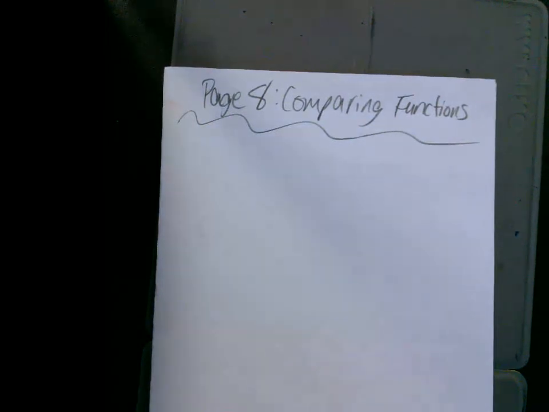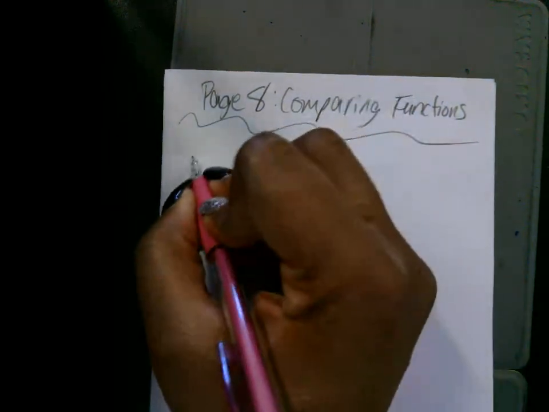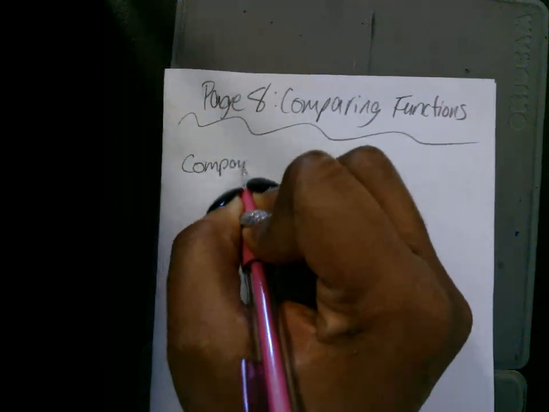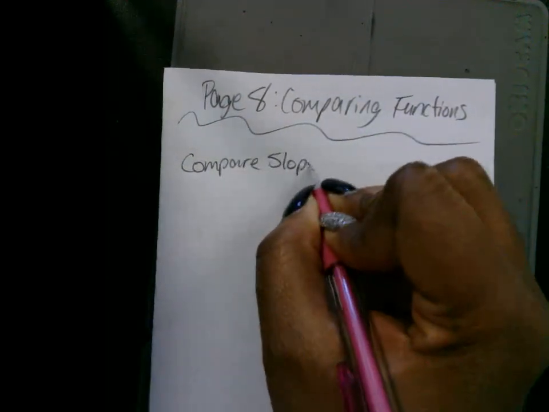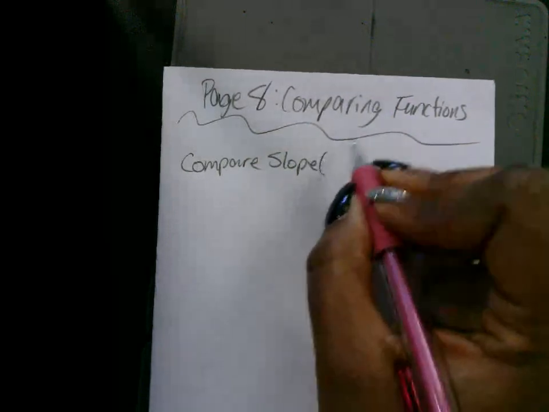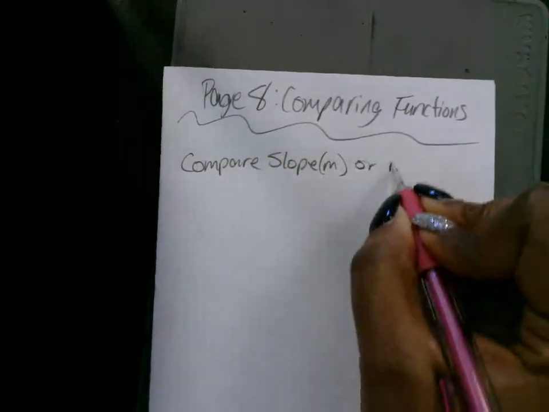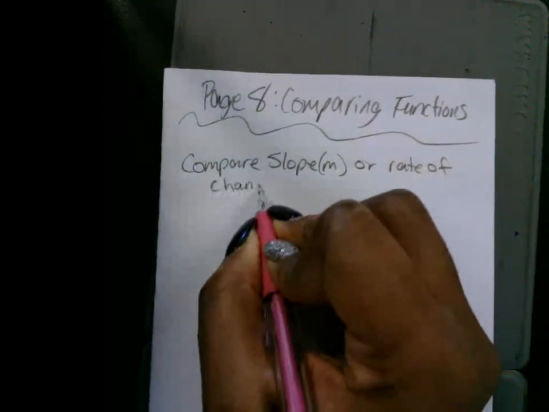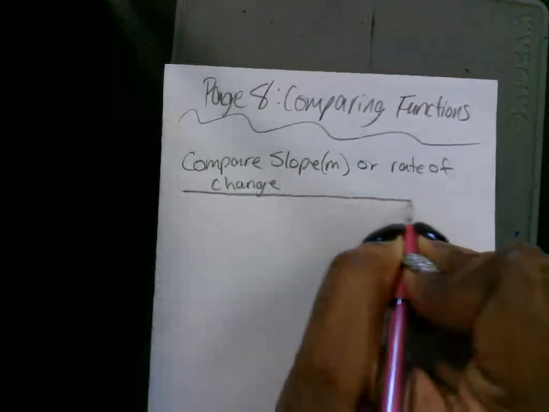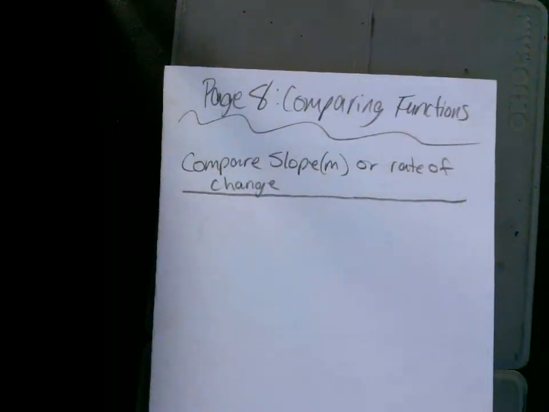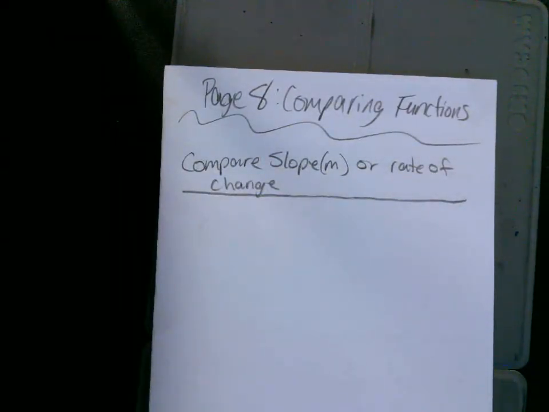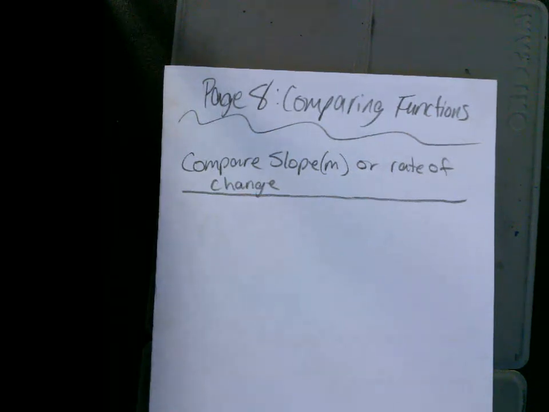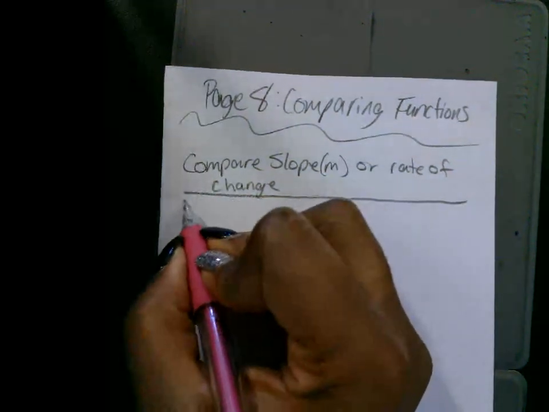All right, we're going to compare slope first, or the rate of change. Let's compare slope. Another word for slope, or m, is rate of change. When you're comparing the slope or rate of change, which one is greater than or equal to, you're going to ignore the negative or positive signs.